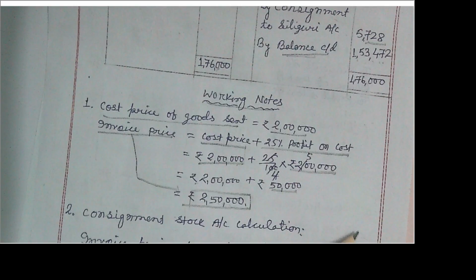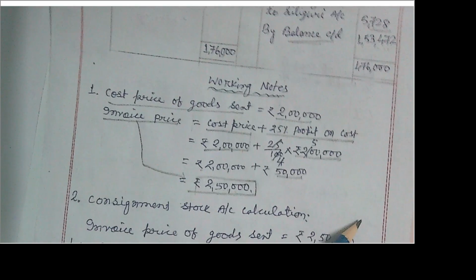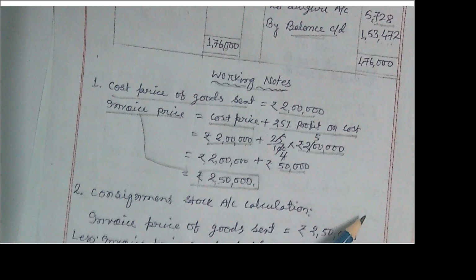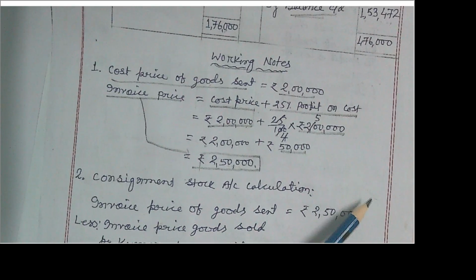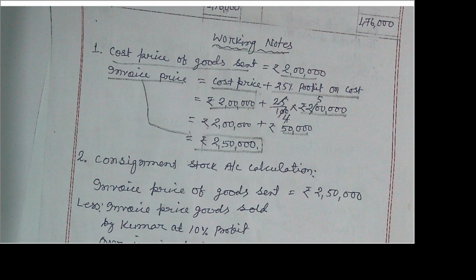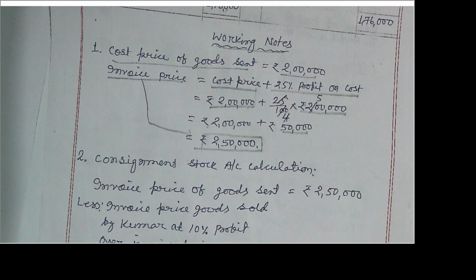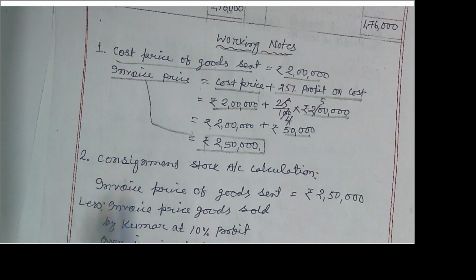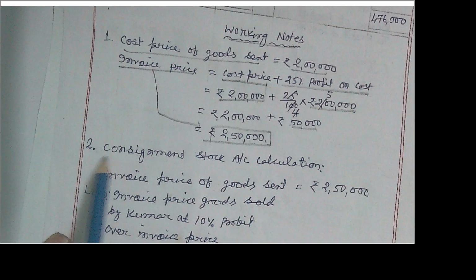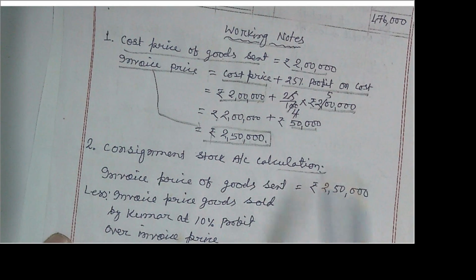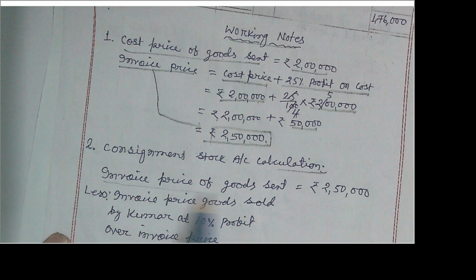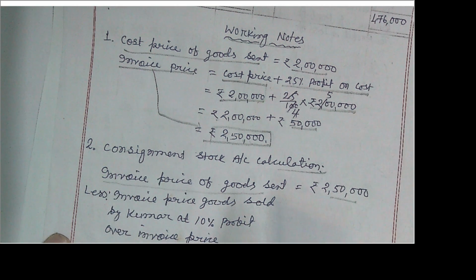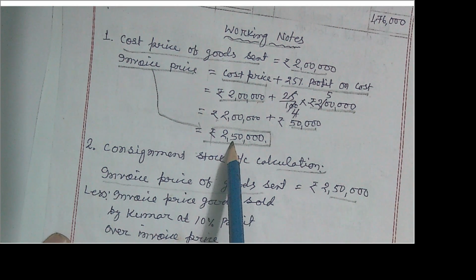Thereafter, the total value of goods sold by the consignee is 1,76,000. Now you see the consignment stock calculation. The invoice price of goods sent is 2,50,000.